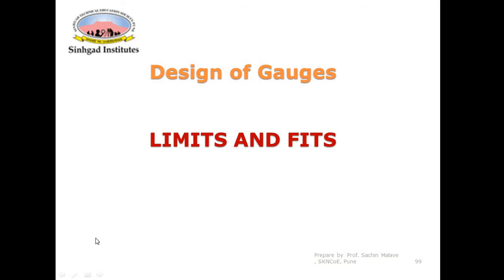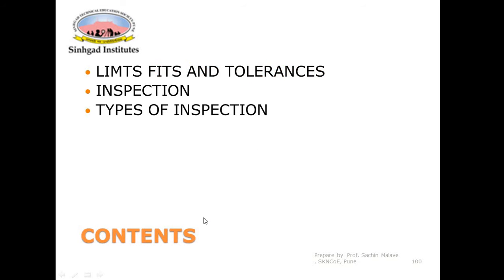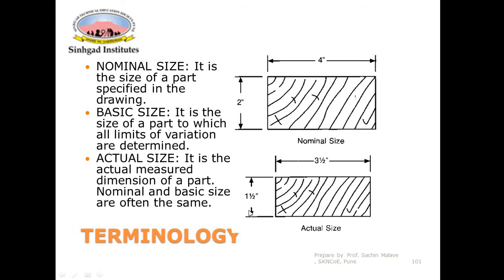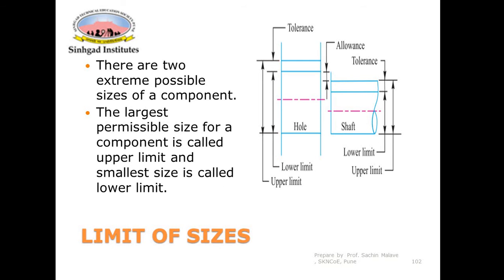In the last lecture, we had discussed the design of gauges, limits, and fits. We had covered the basic terminology related to limits and fits. Then, what are the limits of the sizes? Because we know that each manufactured component will have two sizes.